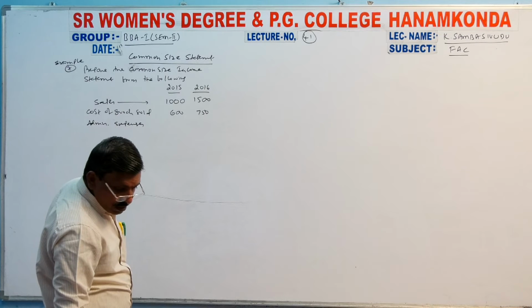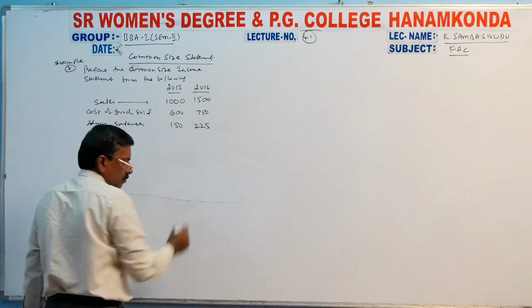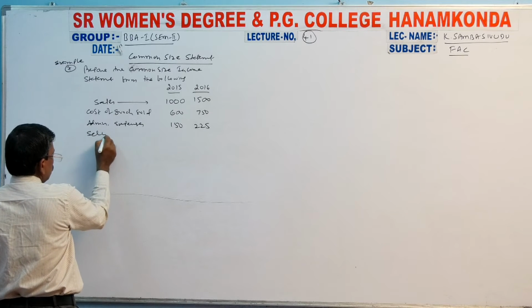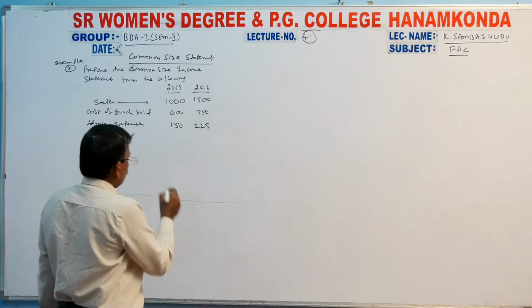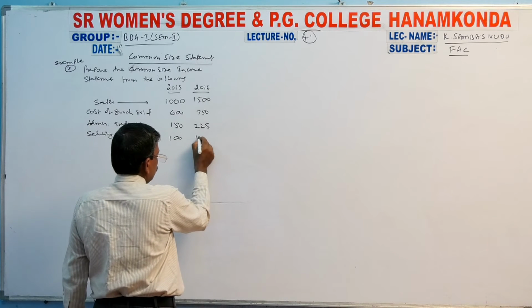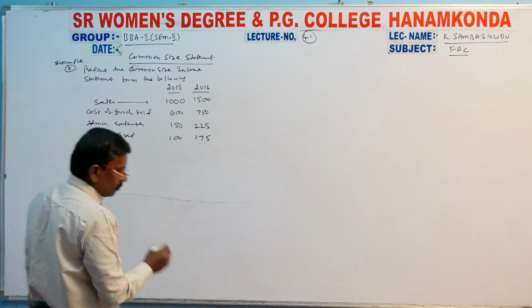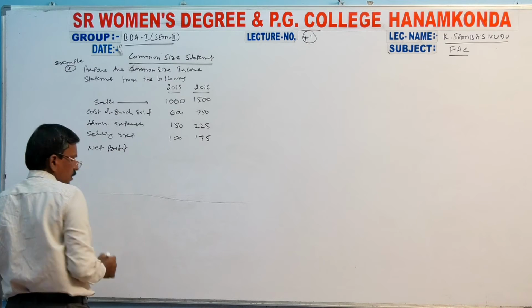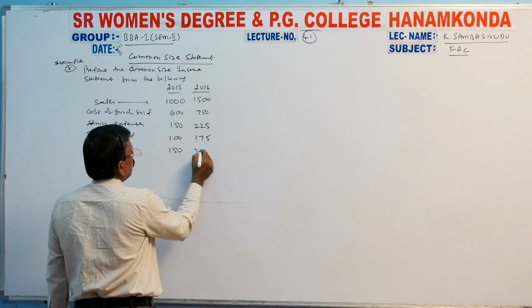Administrative expenses 225. Selling expenses 100, 175. Net profit 150 and 350.